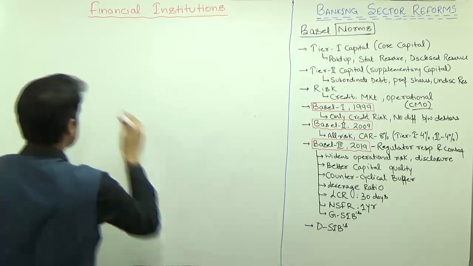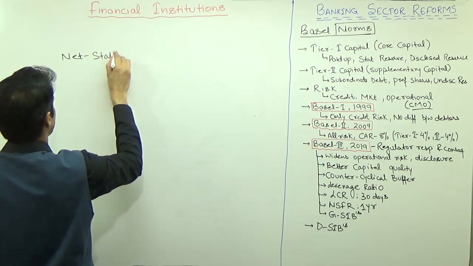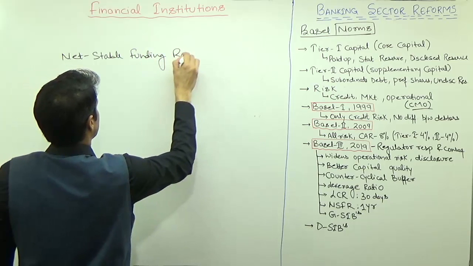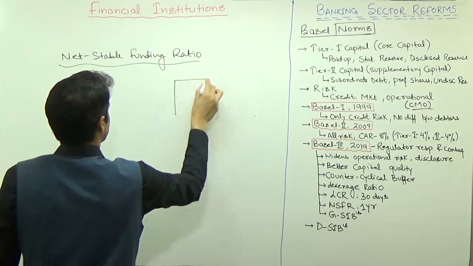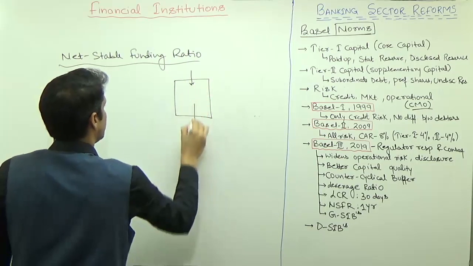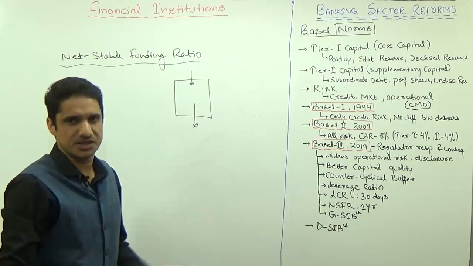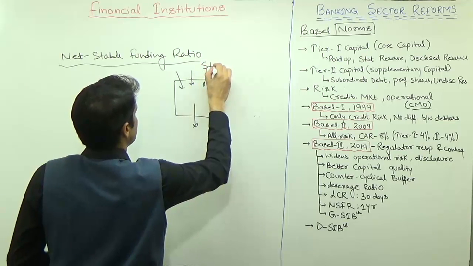Next we have the net stable funding ratio. This net stable funding ratio is nothing but a check on the asset liability mismatch problem, to incentivize the banks to collect money from some stable source.